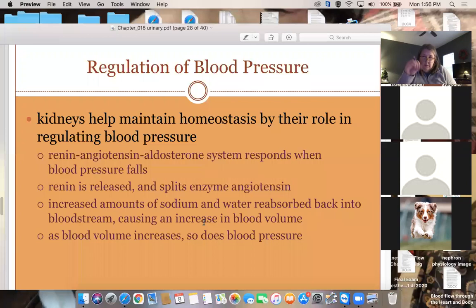And what's interesting is when I was talking to you guys about my cat, when I did my cat's UA a couple weeks back, I did a cystocentesis sample where you put the needle directly in the bladder. I didn't squeeze his bladder to expel urine. I didn't collect it off the floor or a litter box. And when we looked at it, I saw some red blood cells, some white blood cells, and a lot of transitional cells, which concerned me because those are lining cells.